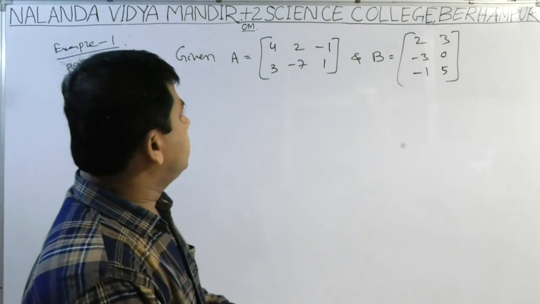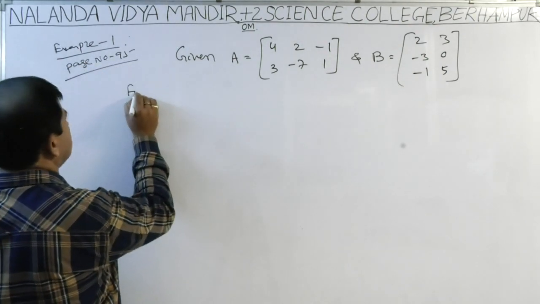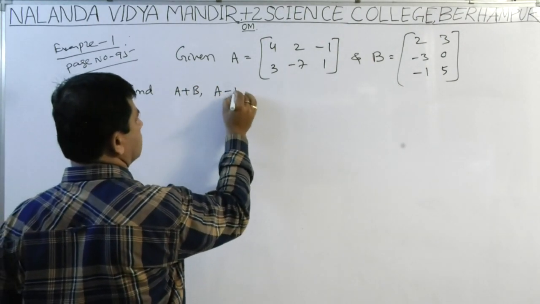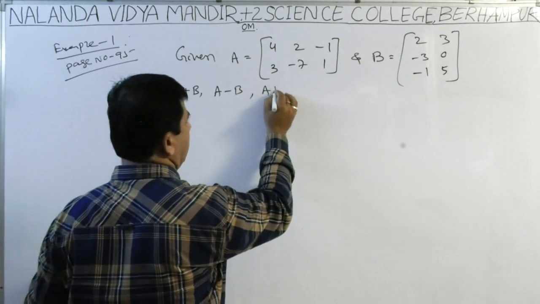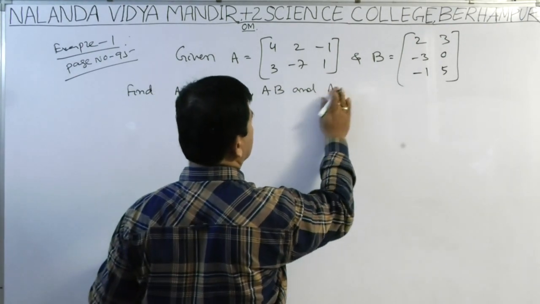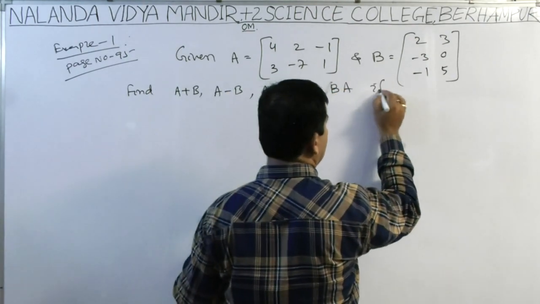So here two matrices are given, A and B, and find A plus B, A minus B, A multiplied with B, and B multiplied with A if possible.